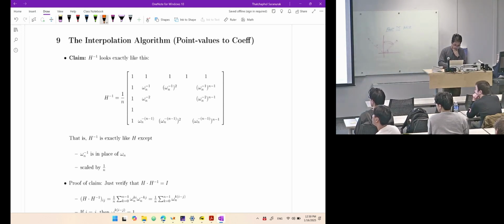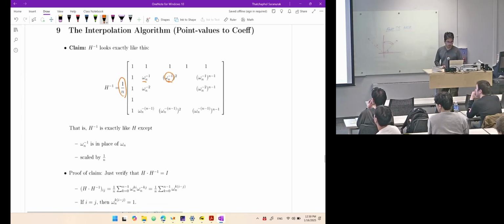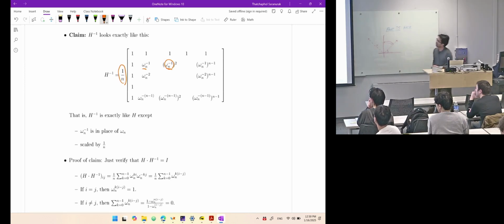Just replace this omega n by omega n to the minus 1 in every place, and then at the end scale it down by 1 over n. And we can actually verify that when you multiply H with H inverse here, you get exactly the identity matrix.